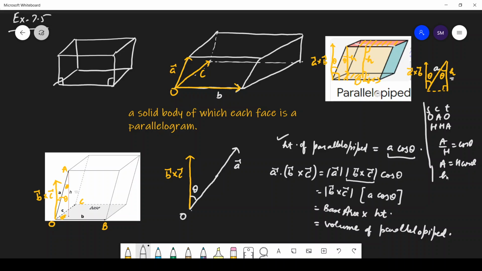Your adjacent side is H, and the hypotenuse is A. So H is equal to A cos theta. Agreed? Yes, sir. Okay. That's a very good question you have asked. So you can consider this angle as theta here. Okay. So this H is equal to A cos theta.